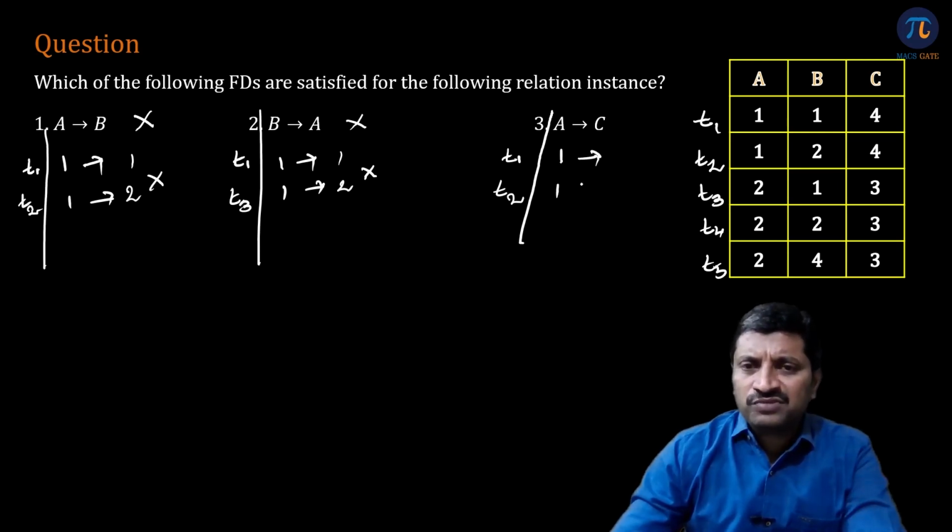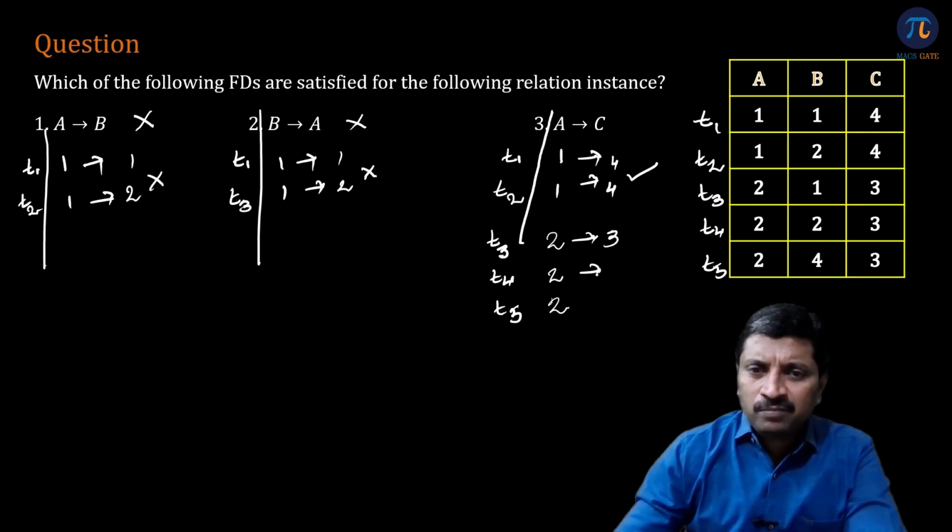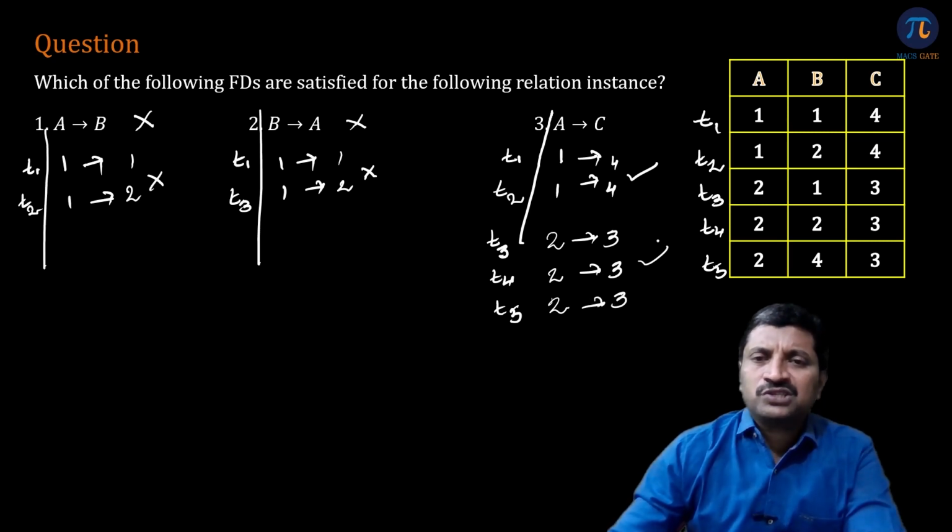So what are the values of C? 4, 4. These two are the same. Now are there any more tuples having the same values, sir? T3, T4, T5. All of these have value 2. Then what are the corresponding values? 3, 3, 3. All of these are the same. So I can say this is satisfied.